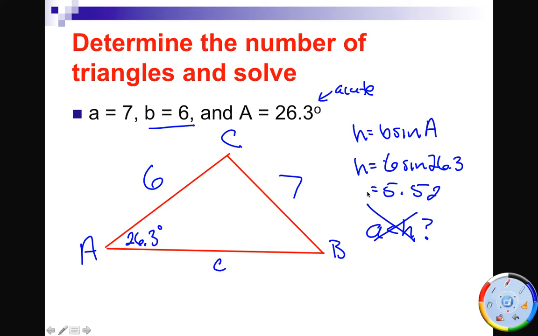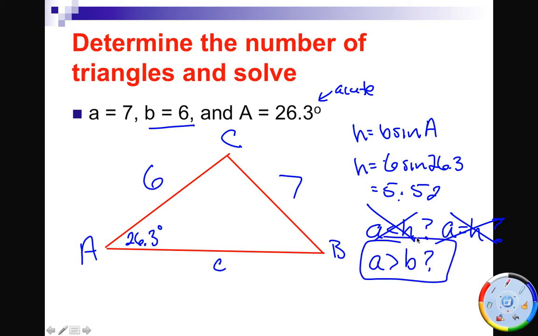Does A equal H? No. Okay. So that means there's not one triangle, or that particular case is not there. So does A equal H? No. Is A bigger than B? Yes. So as I made a statement here, there's one triangle because A is bigger than B.